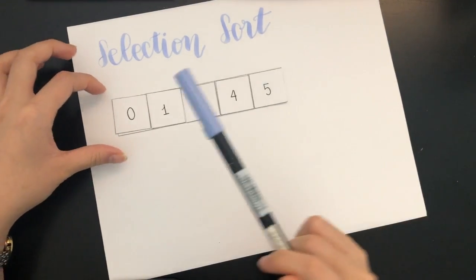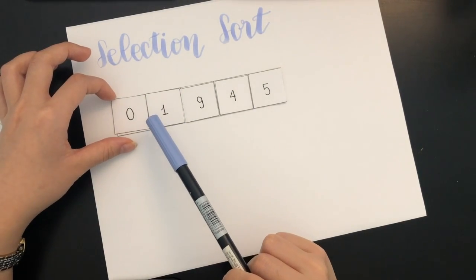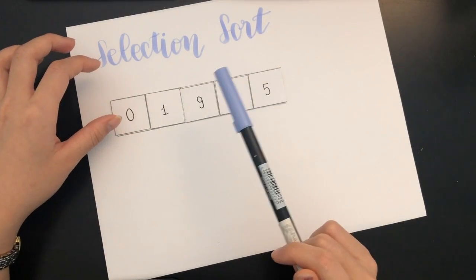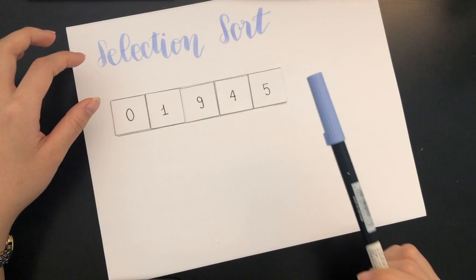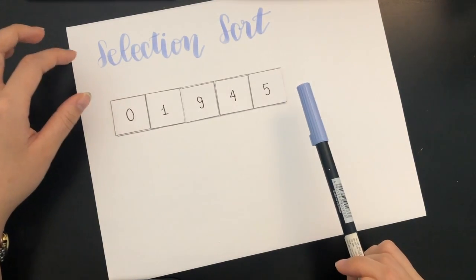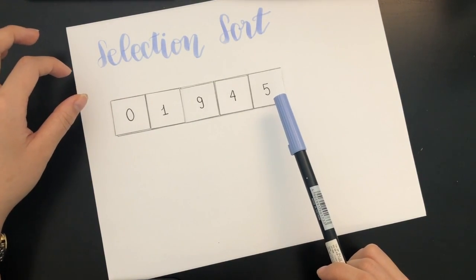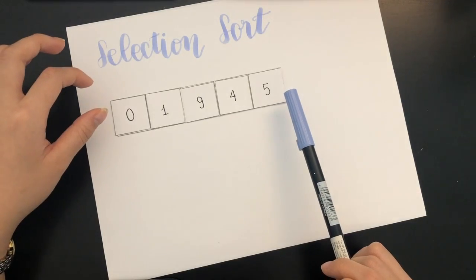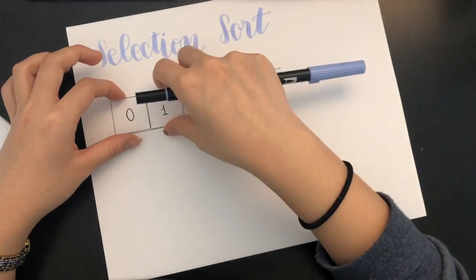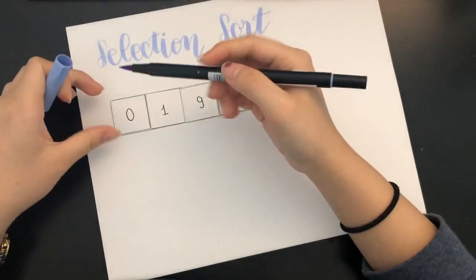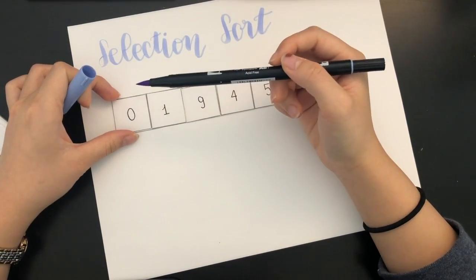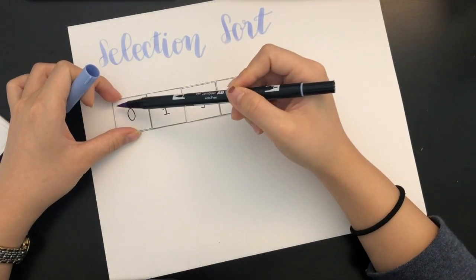Why do we know it is always correct? Because we go through the rest of the unsorted subarray and choose the smallest element in it, so that can't be wrong because we have done so much work. So we know this one is actually sorted. Because it's sorted, I will color it.